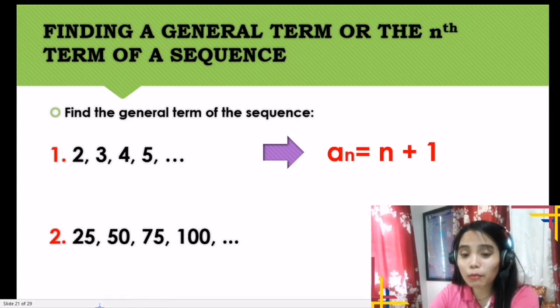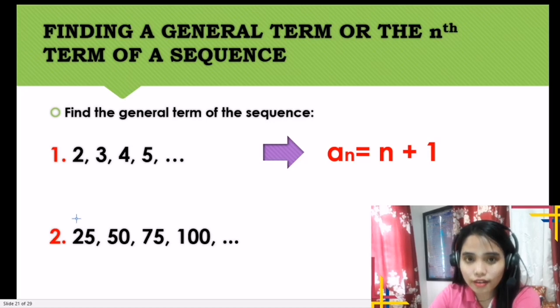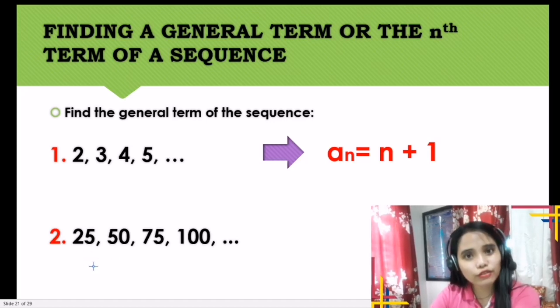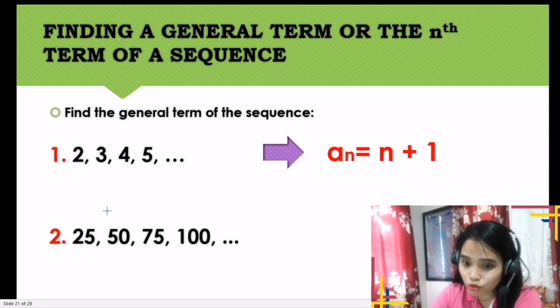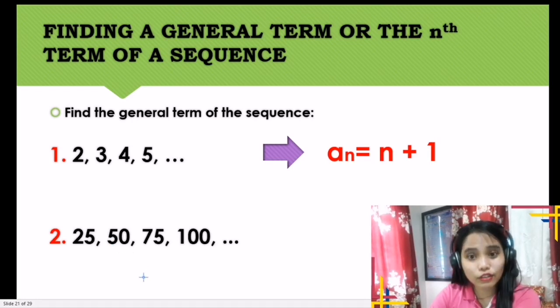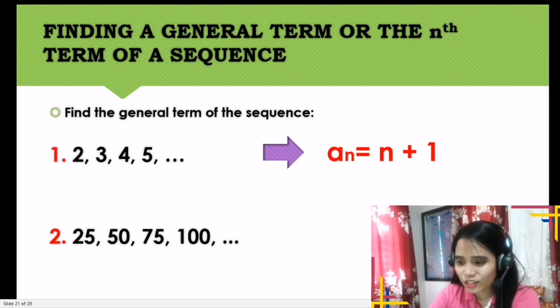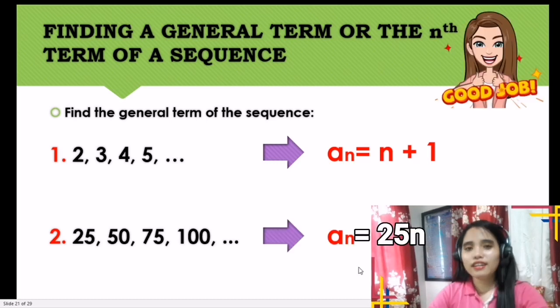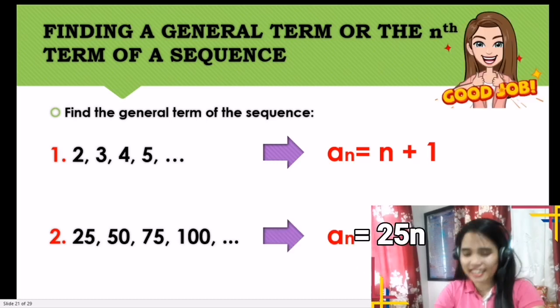So, 25 times 1, the answer is 25. 25 times 2, the answer is 50. 25 times 3, the answer is 75. 25 times 4, the answer is 100. That's right. So, our pattern here is a sub n equals 25 times n.